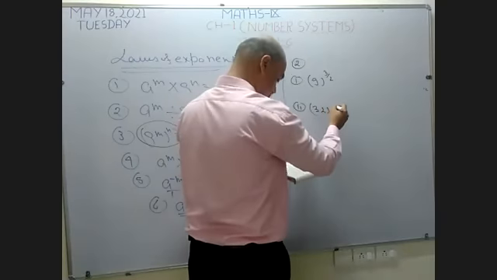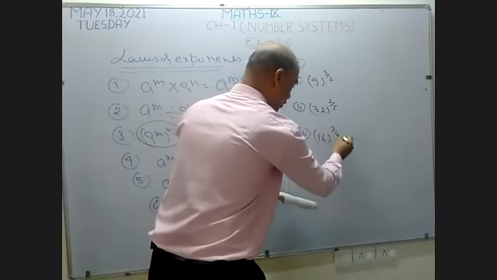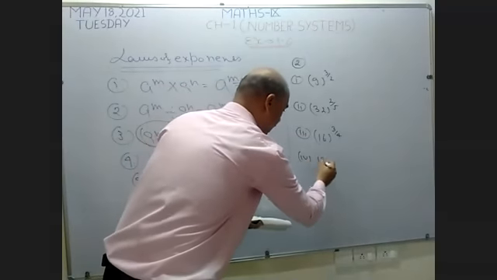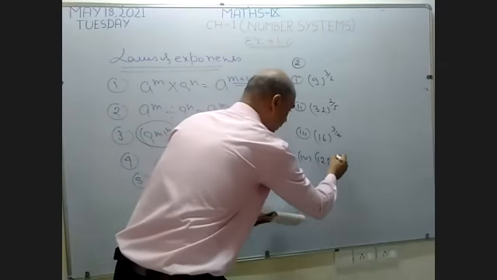The second part is 32 raised to power 2 by 5. The third part is 16 raised to power 3 by 4. And one more part is there, the fifth part, 125 raised to power minus 1 by 3.